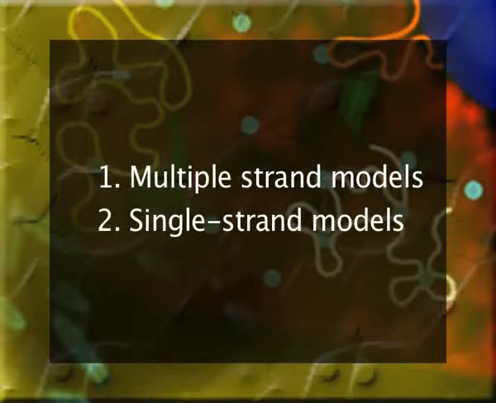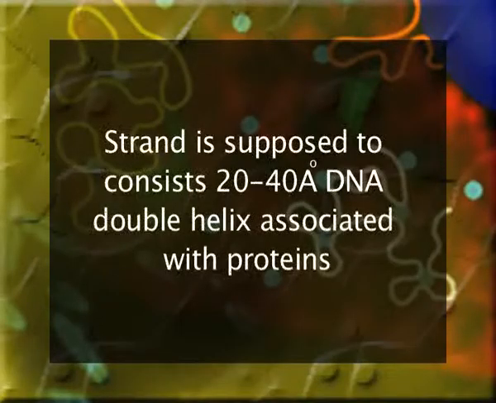In the multi-strand models, the chromosome is supposed to consist of several DNA protein strands. Each strand or fibril is supposed to consist of a 20 to 40 angstrom DNA double helix associated with proteins.